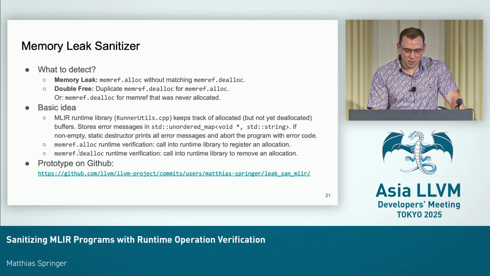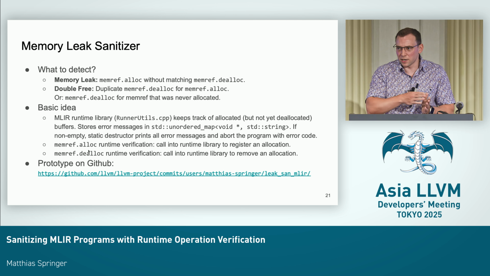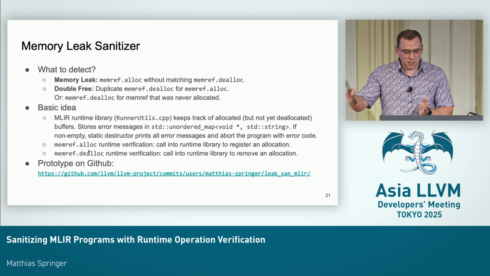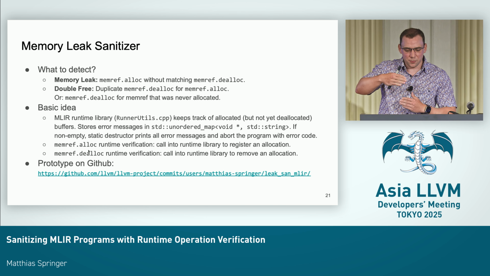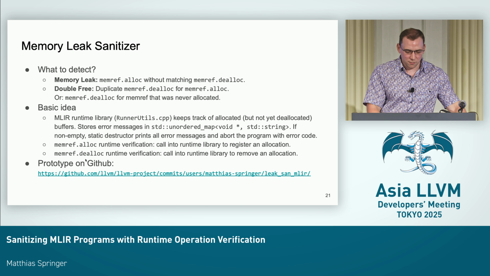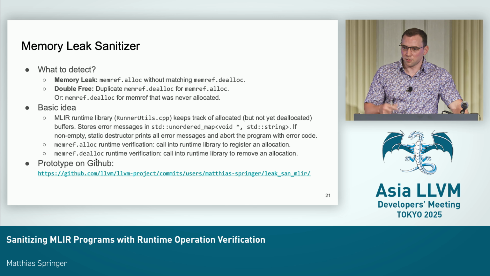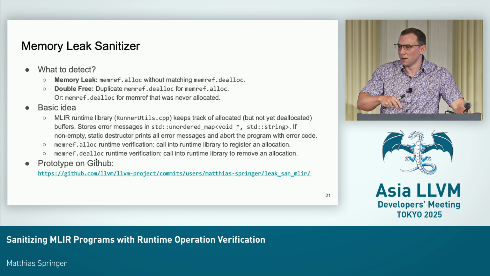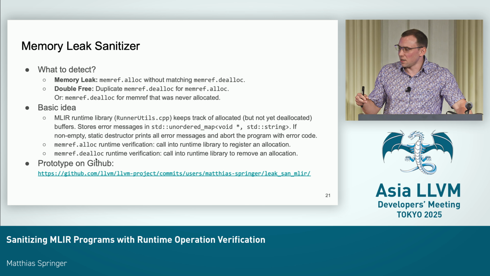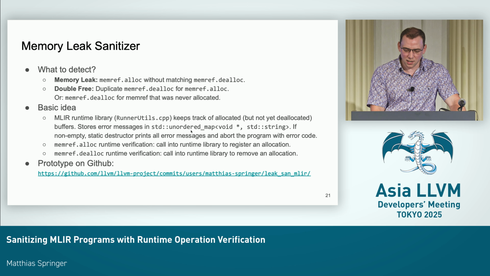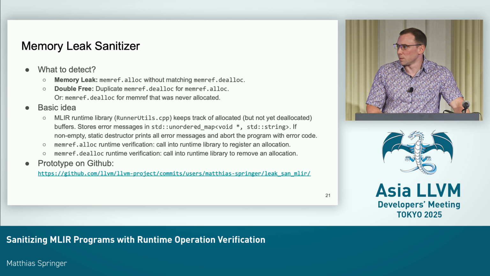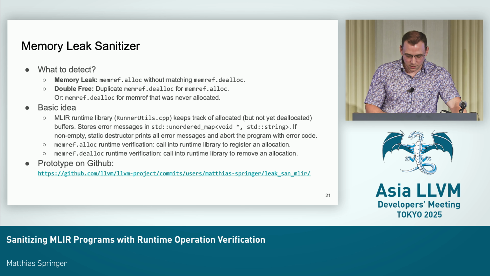Whenever we see a memref.alloc at runtime, we put an item into this map of things that were allocated. And on a memref.dealloc, we look through that map and remove it again. Then at the very end, when the program is done executing, we check: is there anything left in this map? If so, we found a memory leak. So that's the basic idea here.